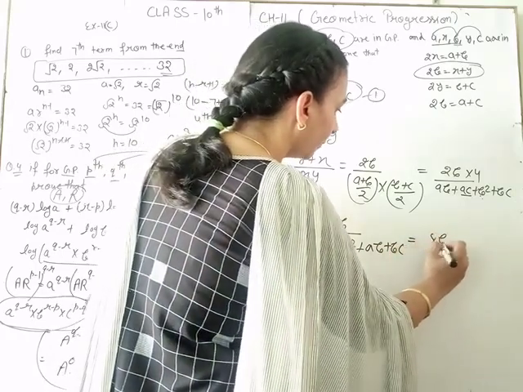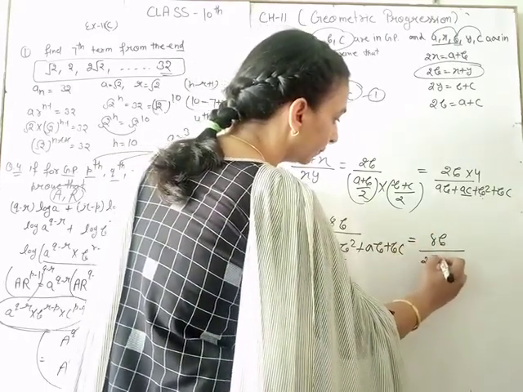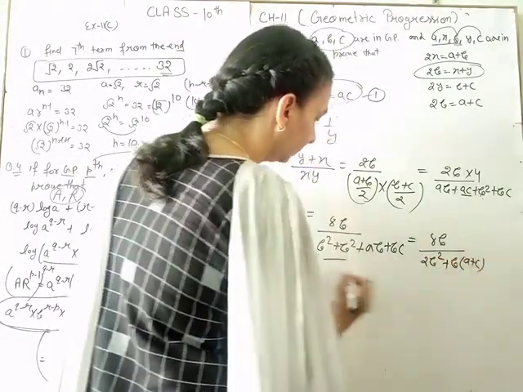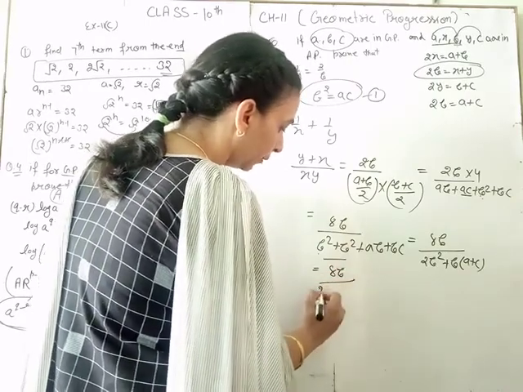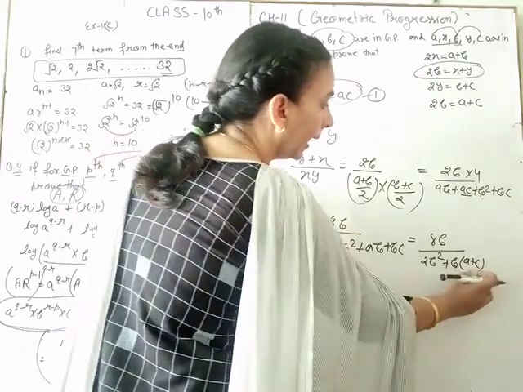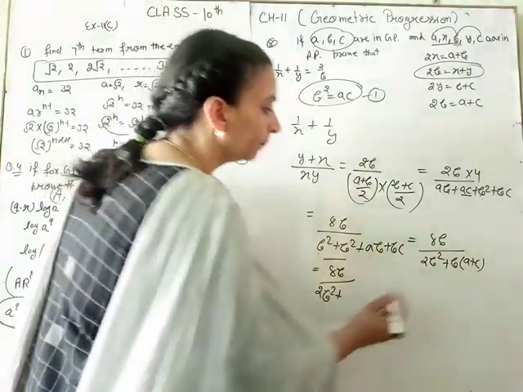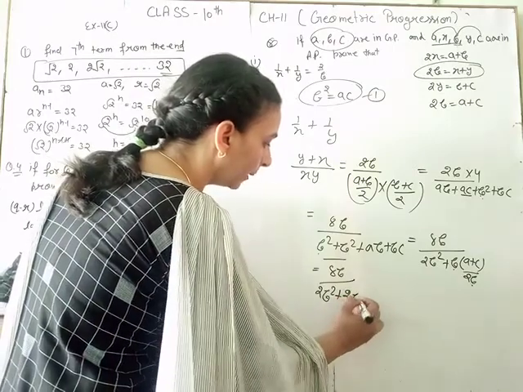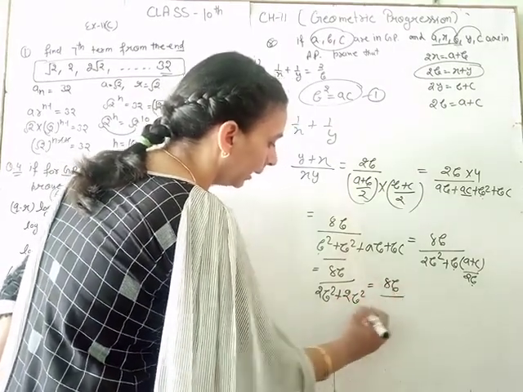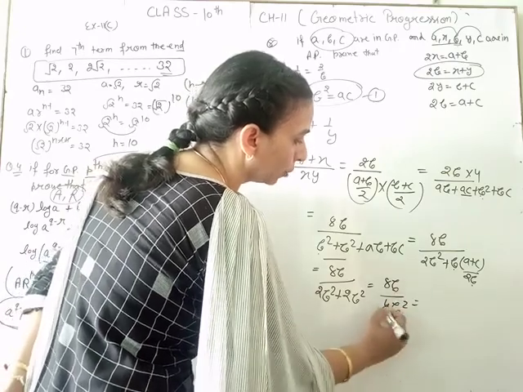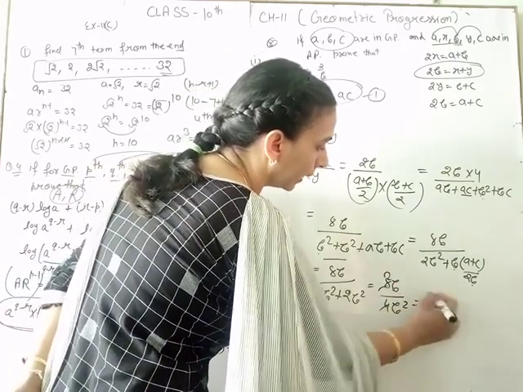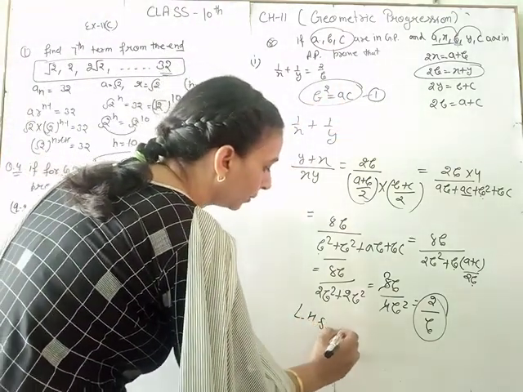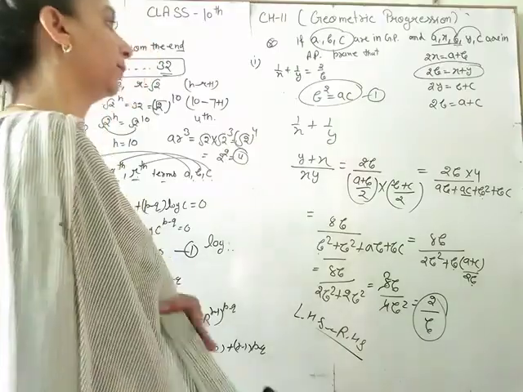Then 8B by 2B square plus B times A plus C. We take B common, and A plus C equals 2B. So 2B multiplied by B is 2B square, giving 8B by 4B square, and this equals 2 by B. Okay, and this equals the right hand side. Left hand side equals right hand side.